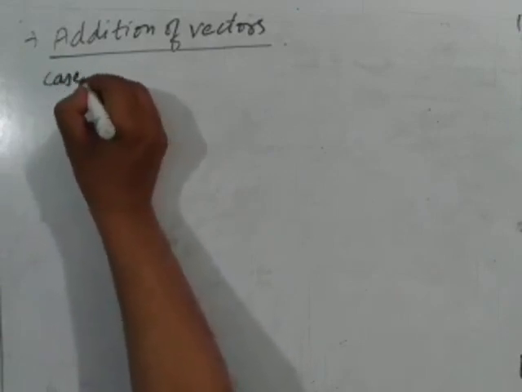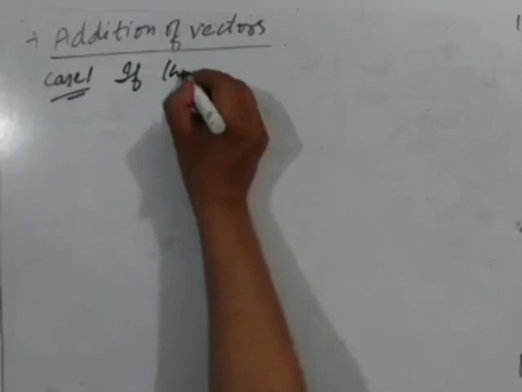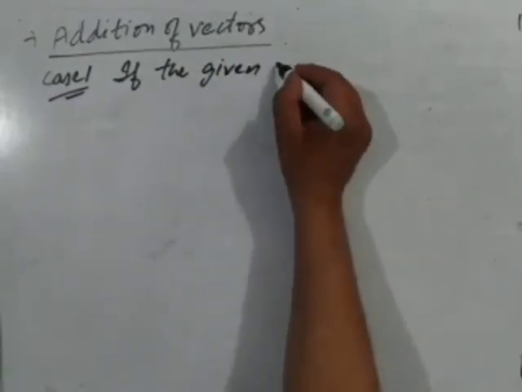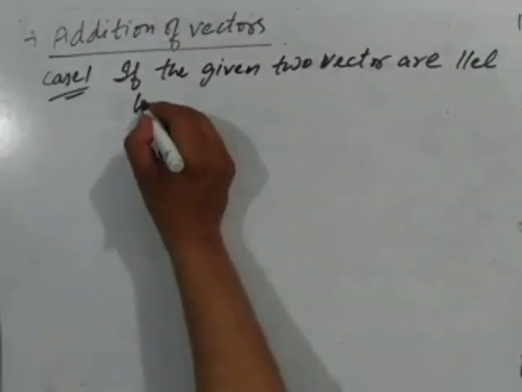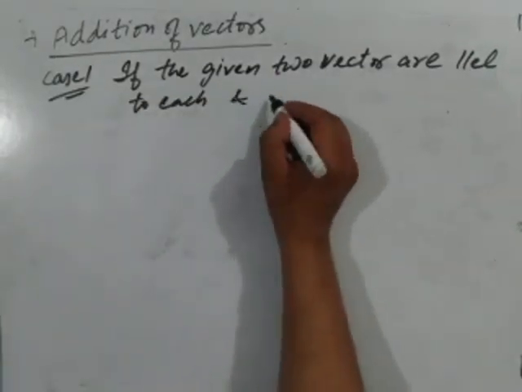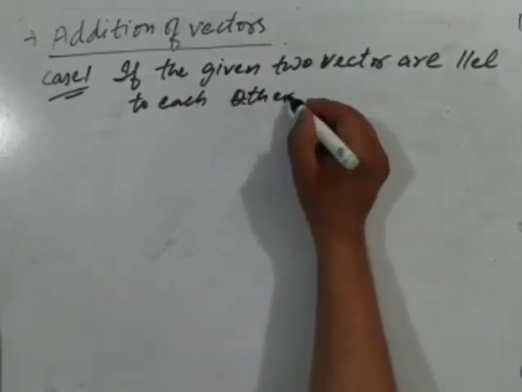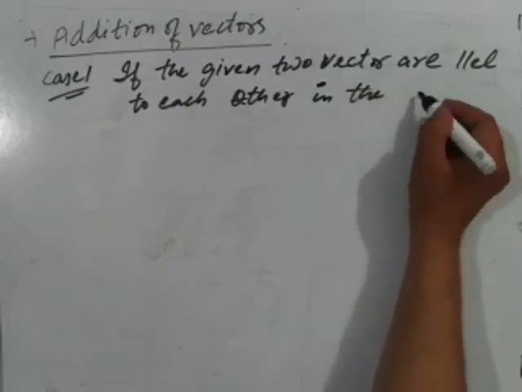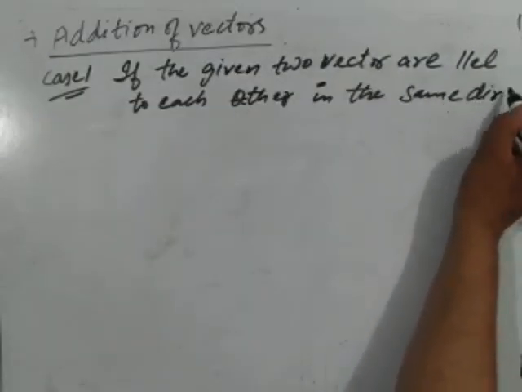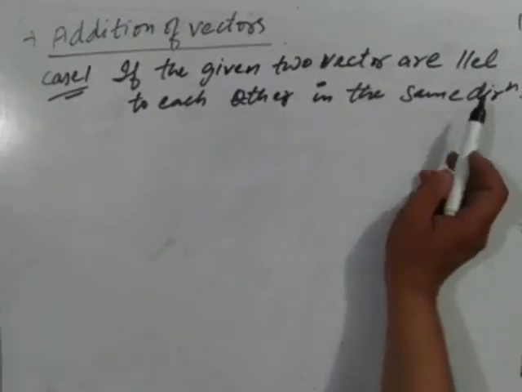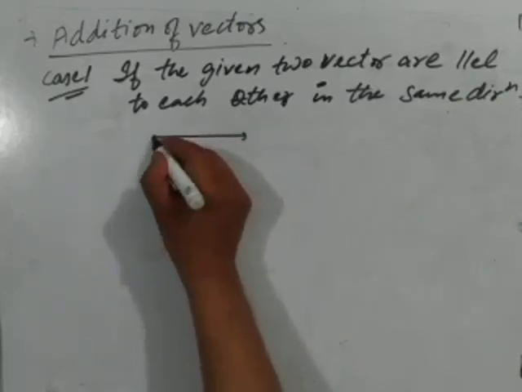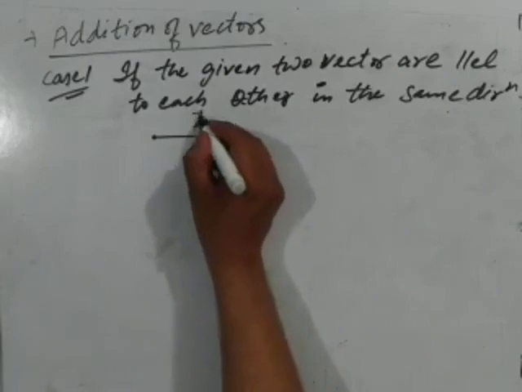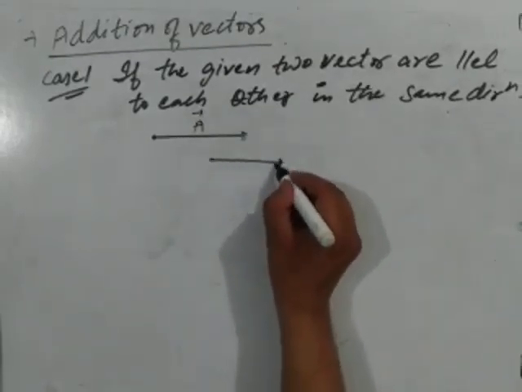Case 1: if the given two vectors are parallel to each other and in the same direction, say this is A vector and there is another vector B vector.